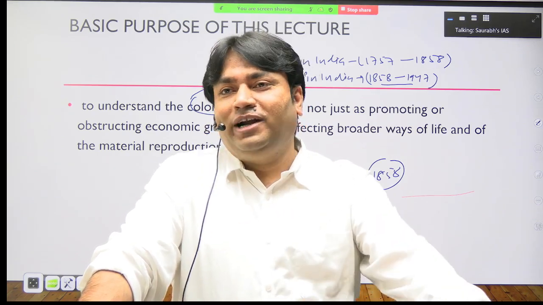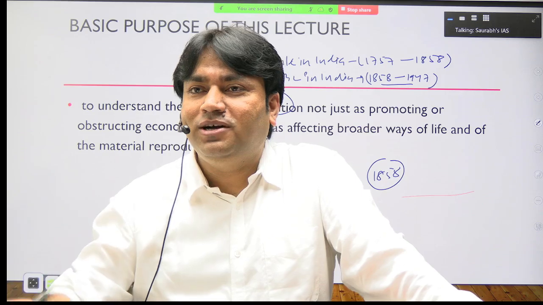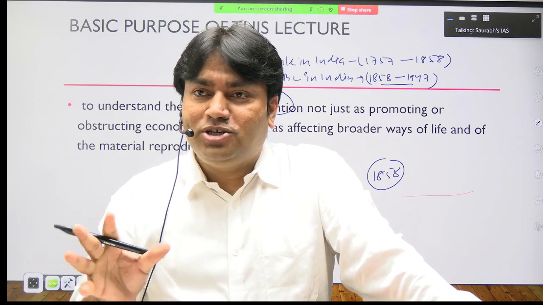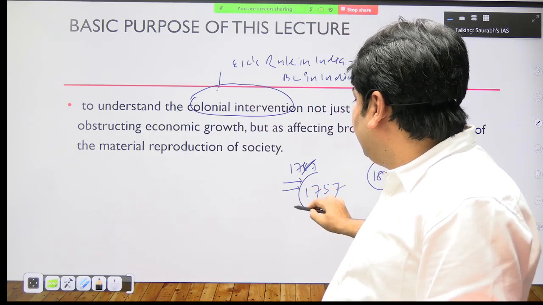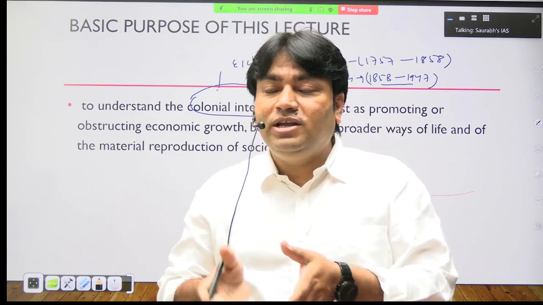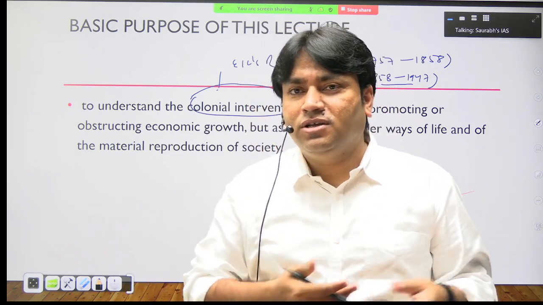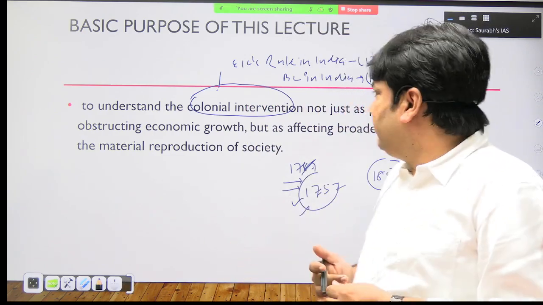So those who consider 1858, who would most of them be? They must be the colonial historians. The majority of historians have the opinion that British rule in India started in 1757. So we can go with this fact. Is it clear?